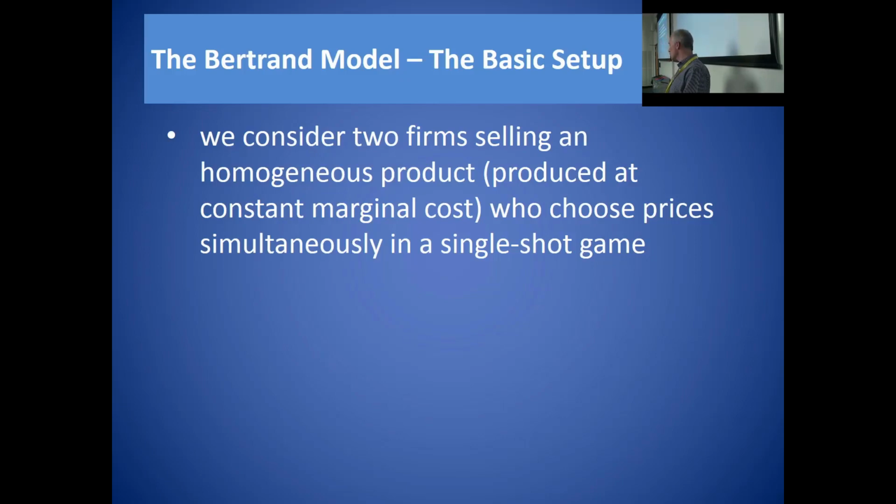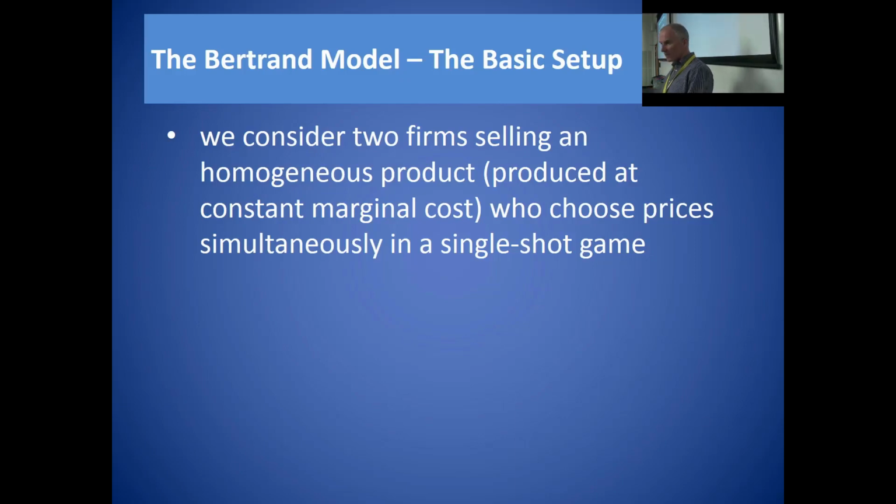And the marginal cost of producing this good is exactly the same between the firms. If you think about it, they're competing against each other, but they're not competing in terms of any cost considerations. They're not competing in terms of any aspect of product detail. The only thing these firms can compete on is the price that they charge.